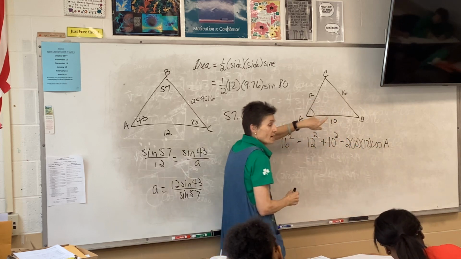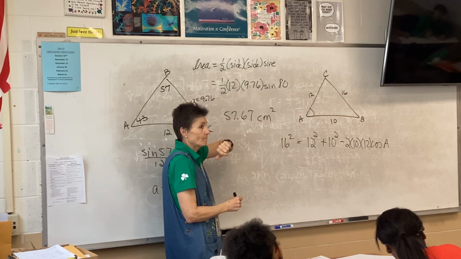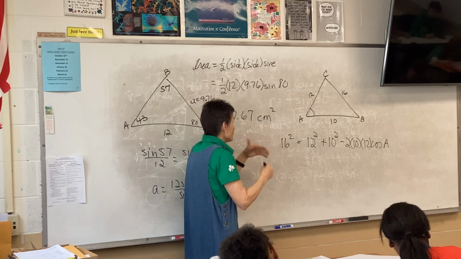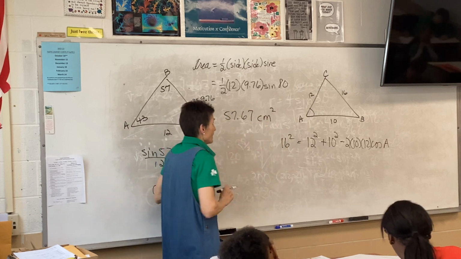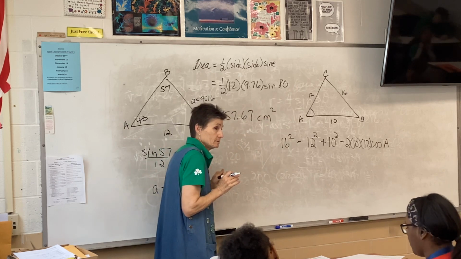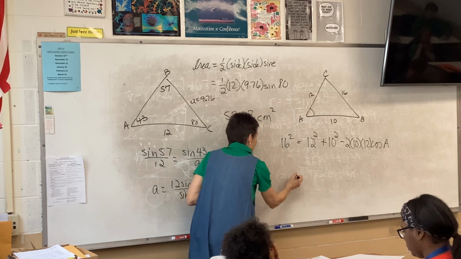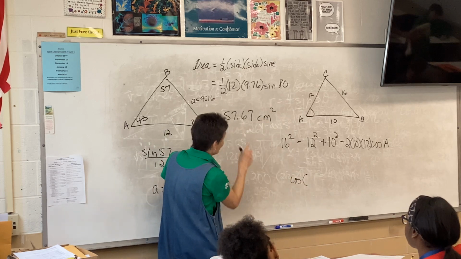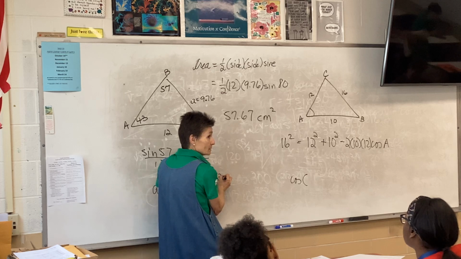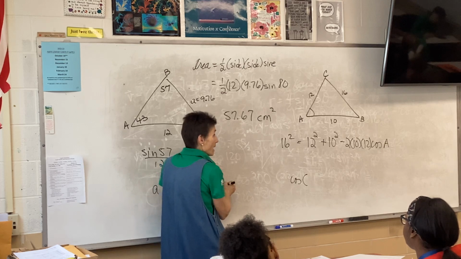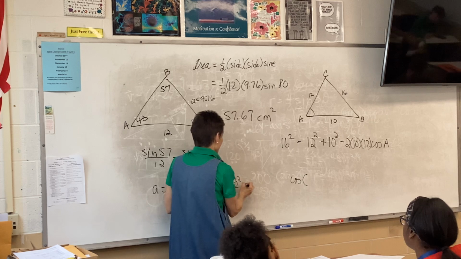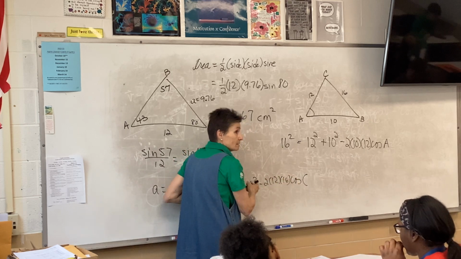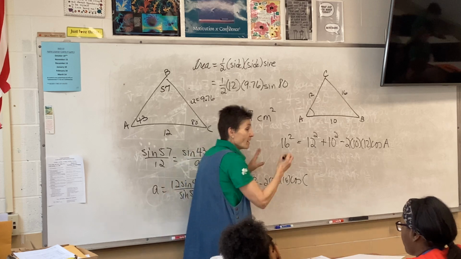That's how it works. So let's say somebody wants angle C. Well, then yours would have cosine C, and over here would be 10 squared. And then in the middle would be 12 squared plus 16 squared minus 2 times 12 times 16. So you can find whatever angle you want.